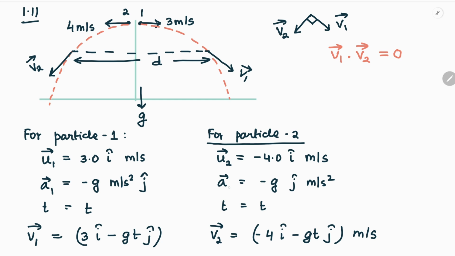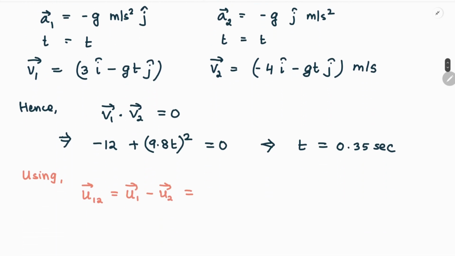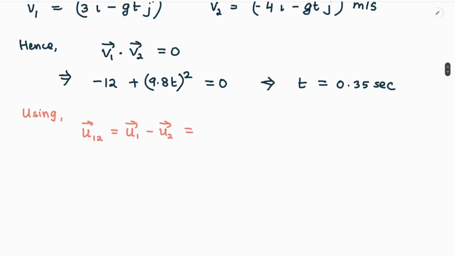So u1 minus u2 is 3 minus of minus 4, which is going to be 7 i cap meter per second. The relative acceleration a12 is 0, since both of them have acceleration g in the downward direction.